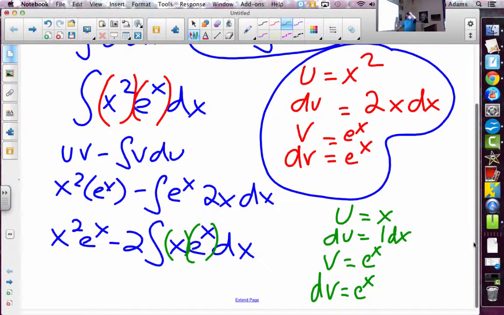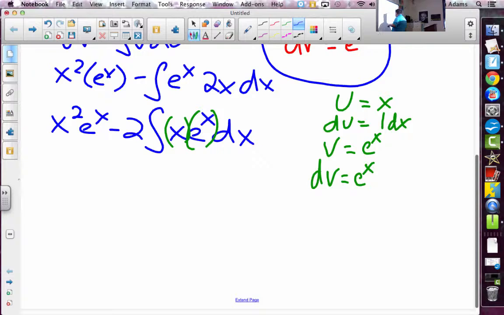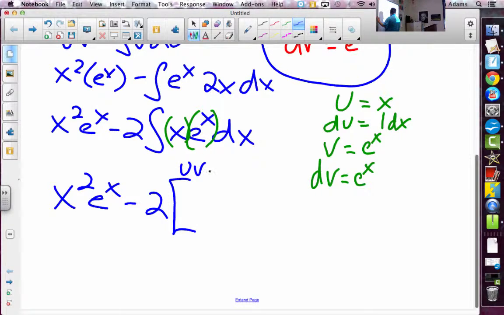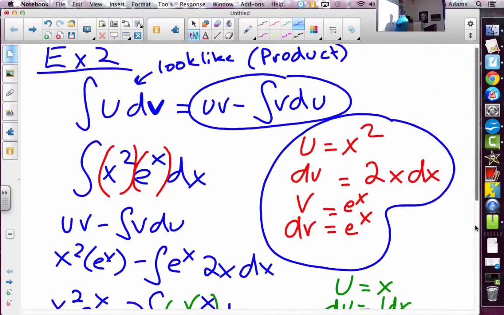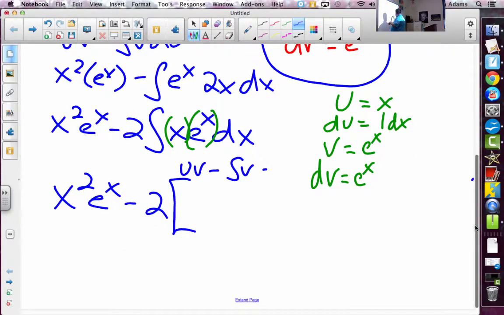So now here's the interesting thing. When I do that, all this stuff stays the same. So in other words, x squared times e to the x minus 2, and then I'm going to plug in that uv minus the antiderivative of v du, okay?